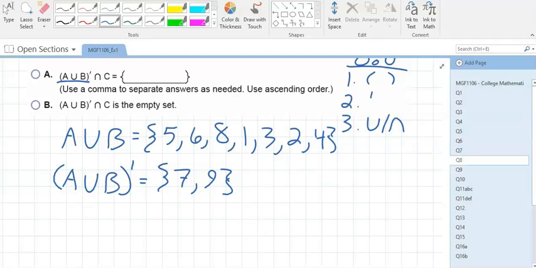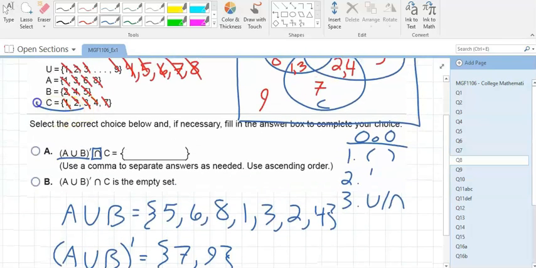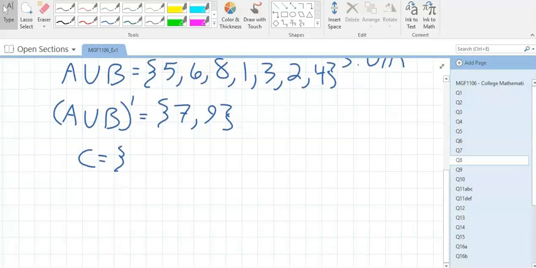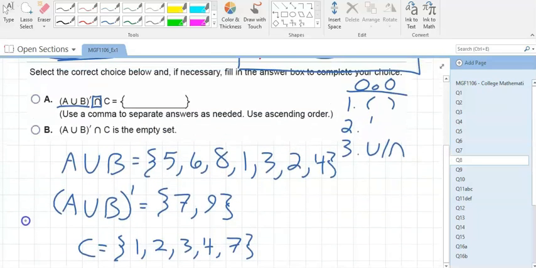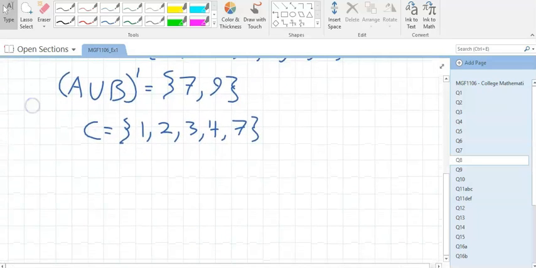And now we're going to look at the intersection between set C and the set that we have above. And again, I'm going to write out what set C is. You actually already know it's right over here. There's set C. So it's 1, 2, 3, 4, and 7. So we want to look at the intersection between these two.